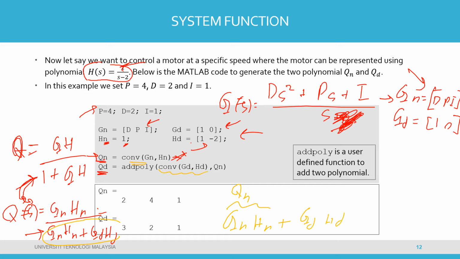That's why you have to use this, and add poly. This is another function. You can add the polynomial. Basically this is the first one, and this is the second one. You add this and this. So after that you get the overall system.